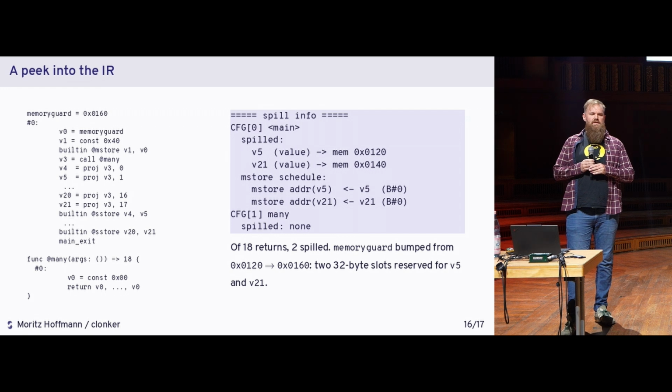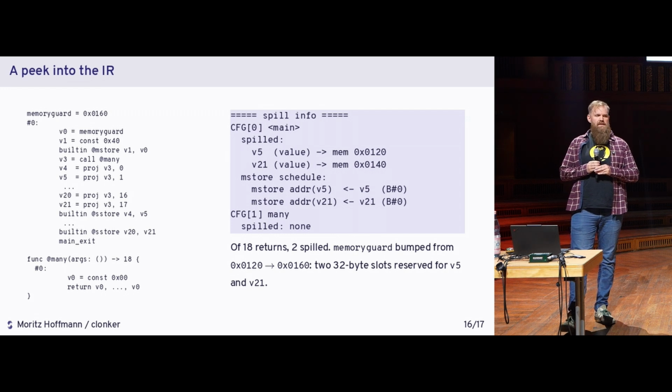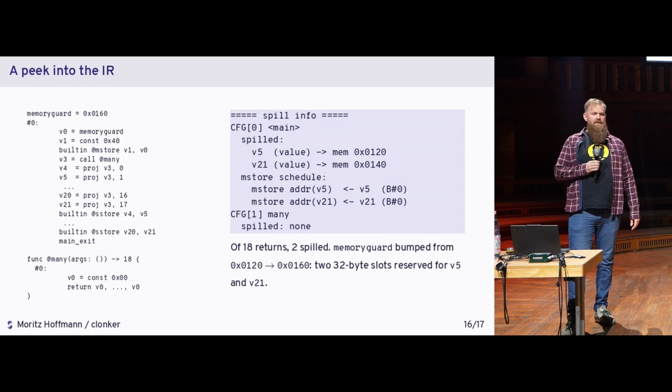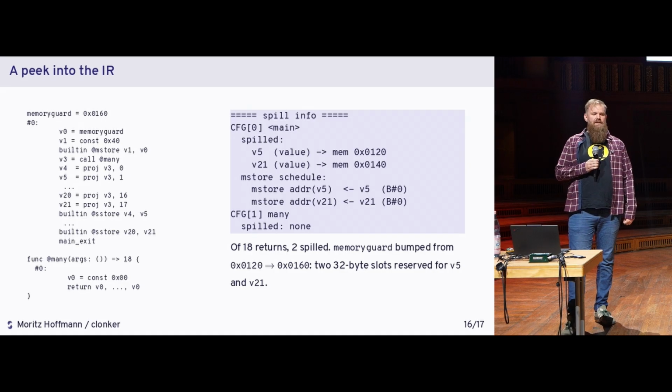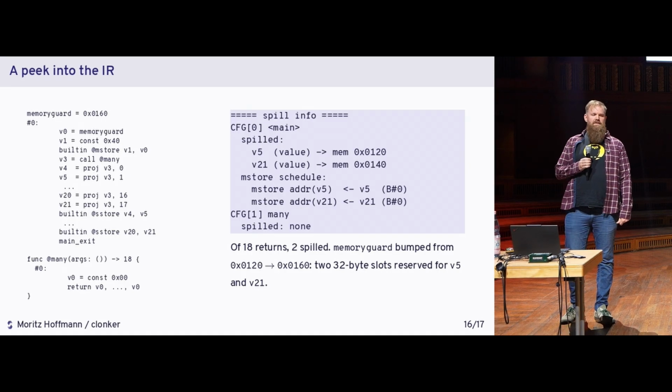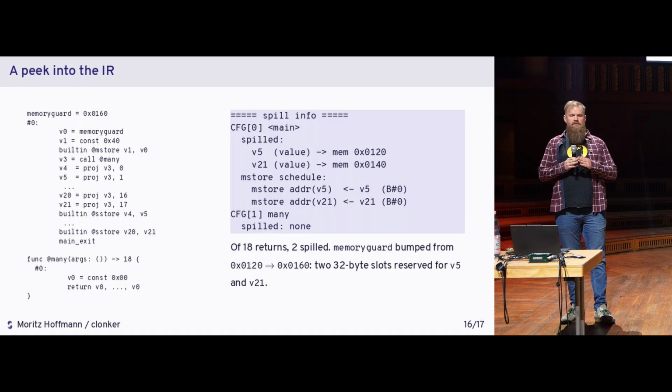So V0 is set to the memory guard value itself. V1 is a constant. Then we have a built-in call to mstore. And then we call into this user-defined function many, which is V3, and then return a tuple value, which is projected down to the individual components of that tuple.